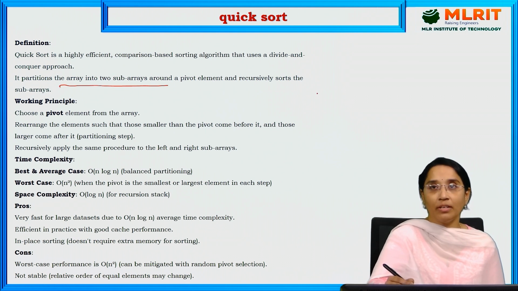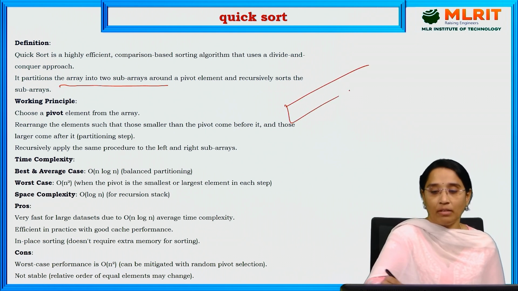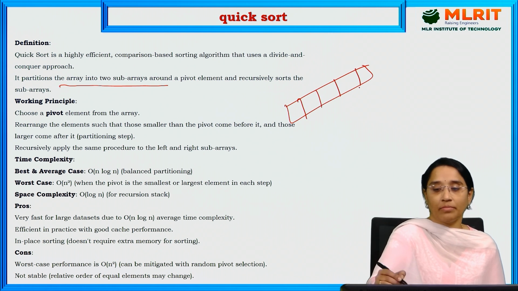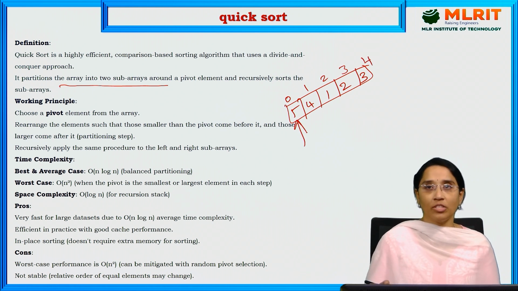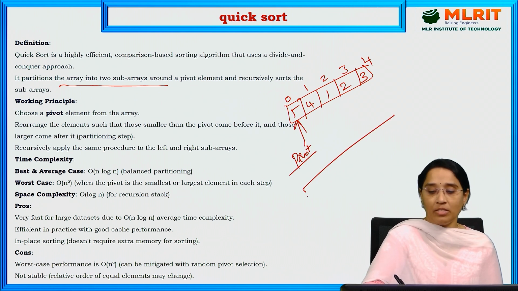Suppose you can consider any element as the pivot element. Suppose you take the array like this. Consider this is my array. If I take the element 5, at this index position, as the pivot element, the first thing is you have to place the pivot element here.